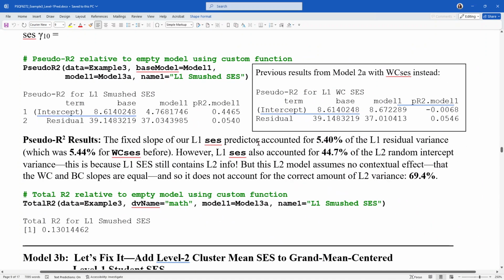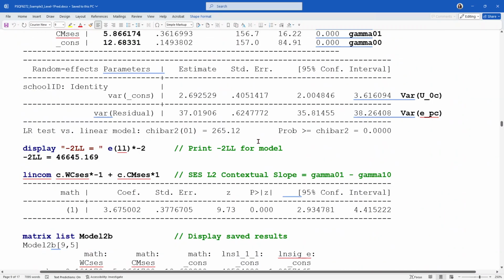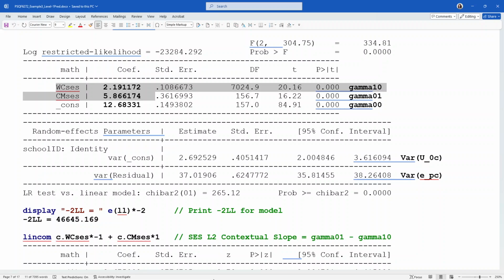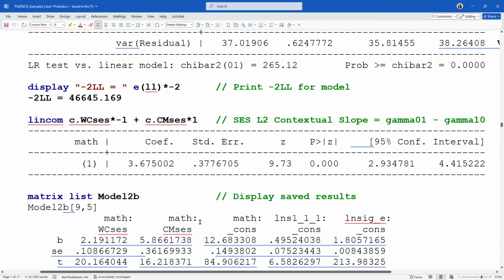We will get that number in just a moment. But I already had it because up in the cluster mean centered model where both pieces are in here, I asked for it. So I skipped over that part. Let me go back to it. If you do cluster mean centering and you care about the contextual effect, you can still get it. It is, in this case, within times minus 1 plus between times 1.